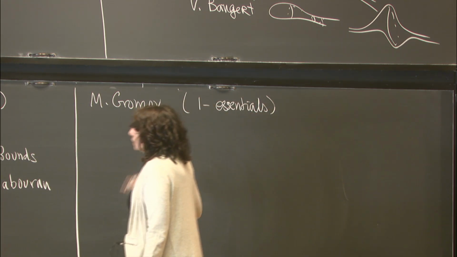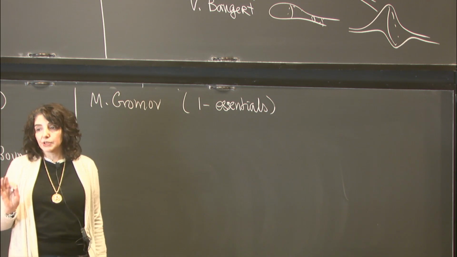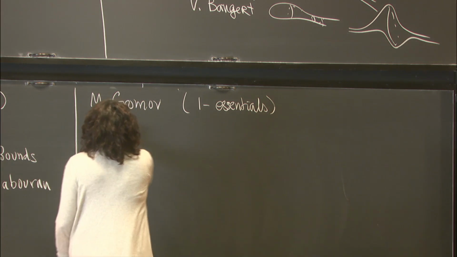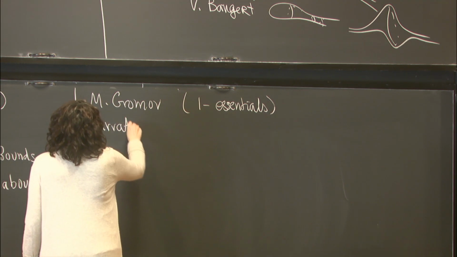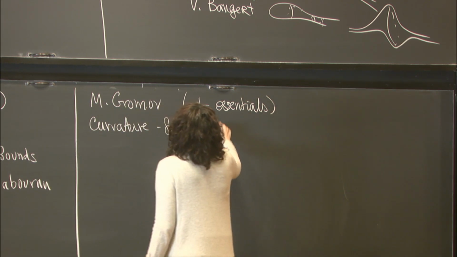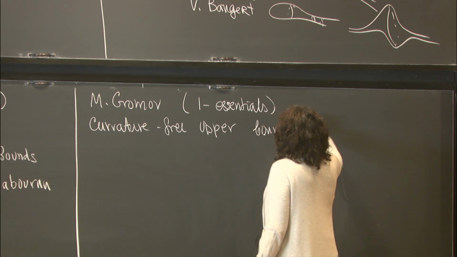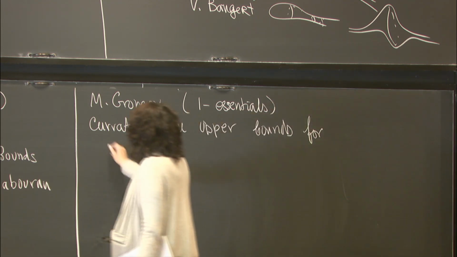Well, for example, those include RPn or manifolds that admit a metric of non-positive sectional curvature. But if we try to apply various methods to, so what we want, right? I mean, what we want is curvature-free upper bounds for the length of the shortest periodic geodesic.